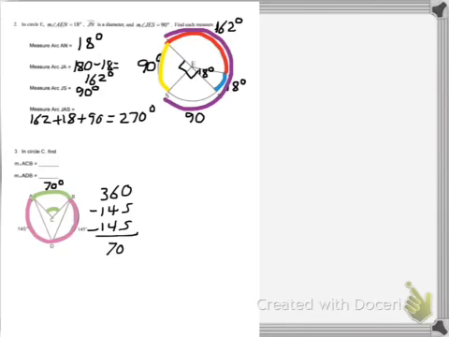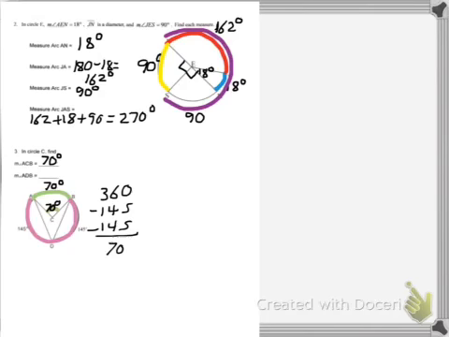Well, we know that central angles are congruent, so both of those green arcs are congruent angles. So this is also 70 degrees right here. So the measure of ACB is 70 degrees. The second question asks for the measure of angle ADB. Now remember, ADB is an inscribed angle.